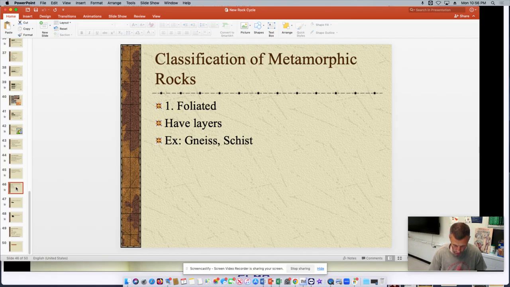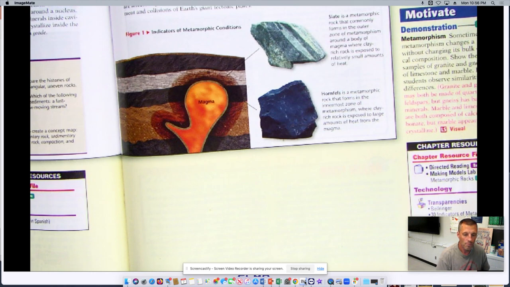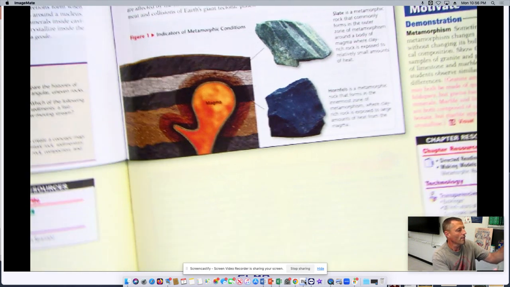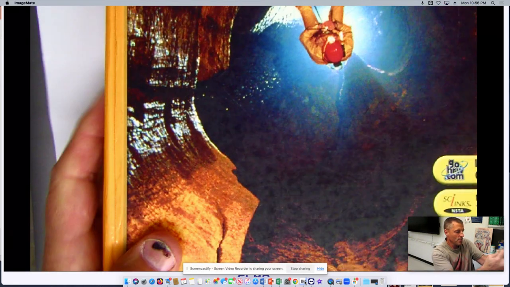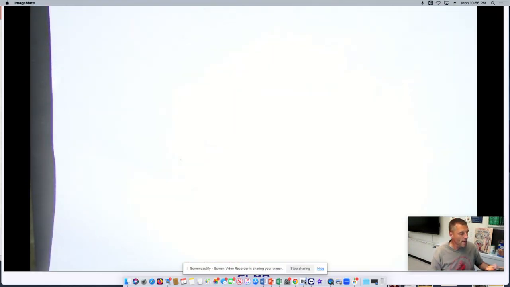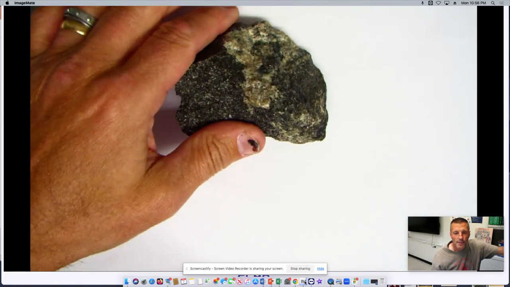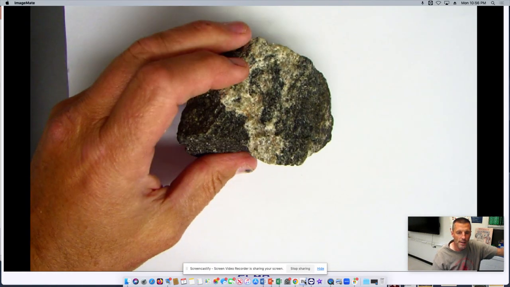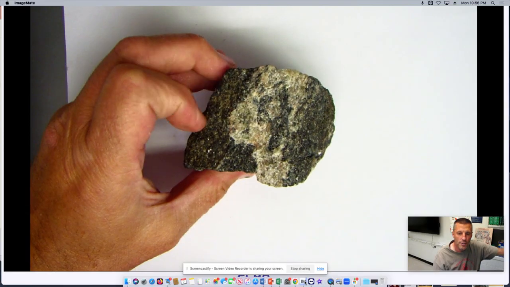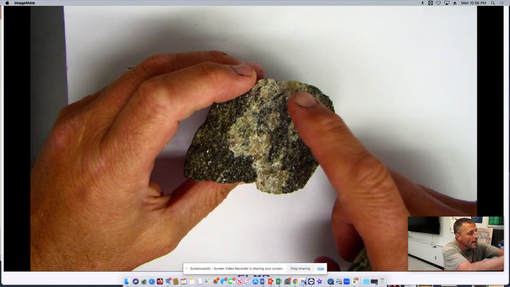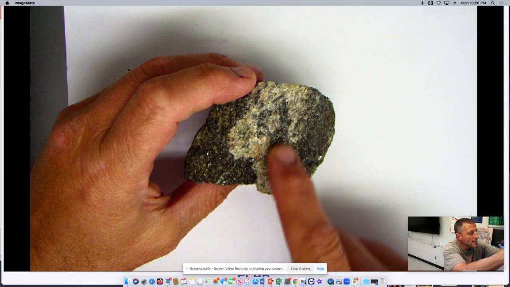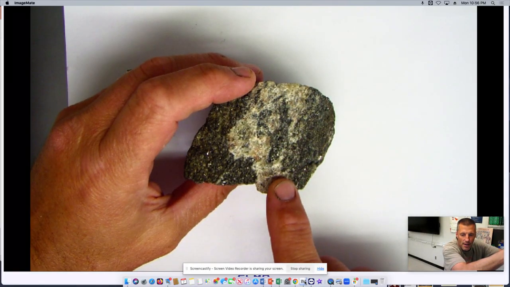The schist you can certainly see, and when you actually hold it in your hands and look at it, the layering is even more obvious. But let's take those two. So we have this one, and it's going to be a little bit confusing because it might look a little bit like diorite, but what I want you to see are the layers that kind of fall all along there.